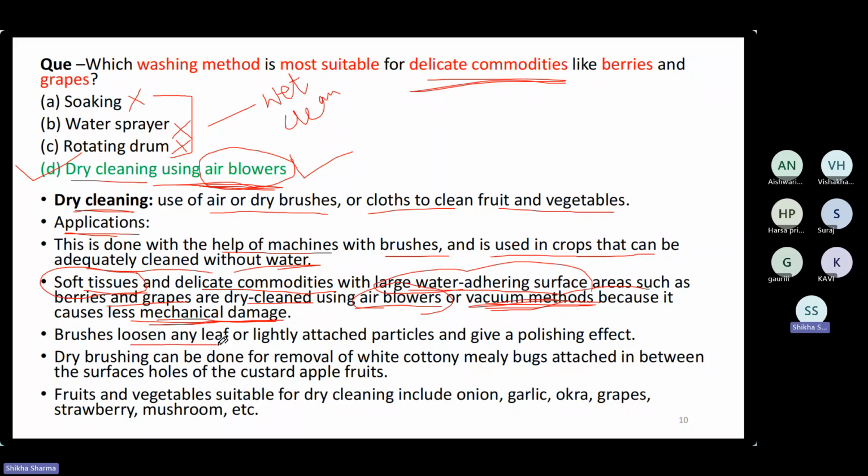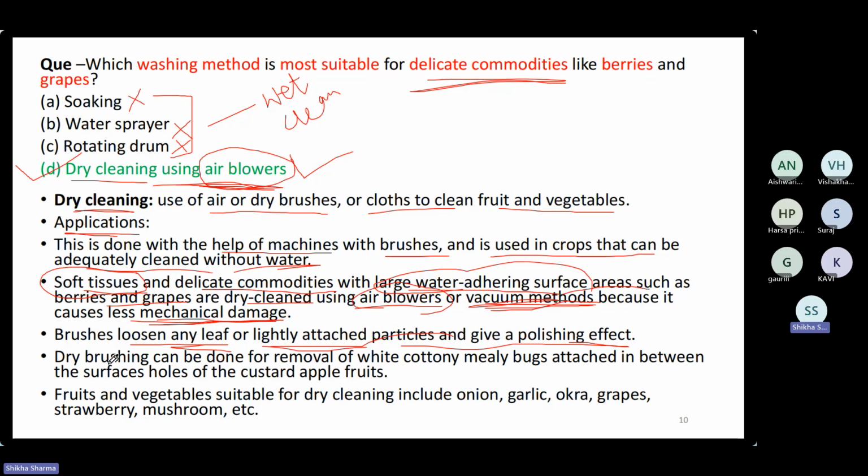Brushes loosen any leaf or lightly attached particle and give a polishing effect. So brushes are basically used in dry cleaning, not in the case of grapes and berries, but in other commodities when we need to remove any leaf or lightly attached particle.